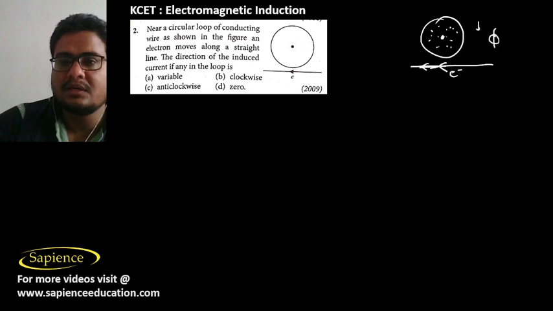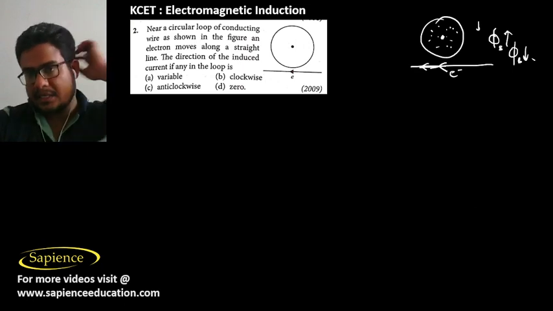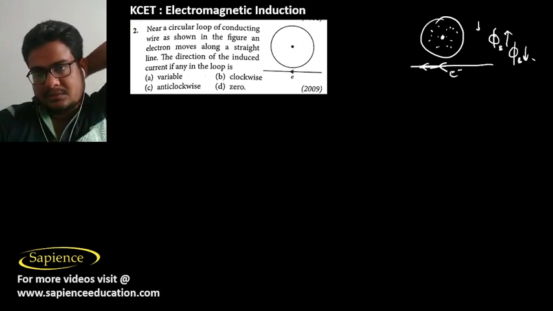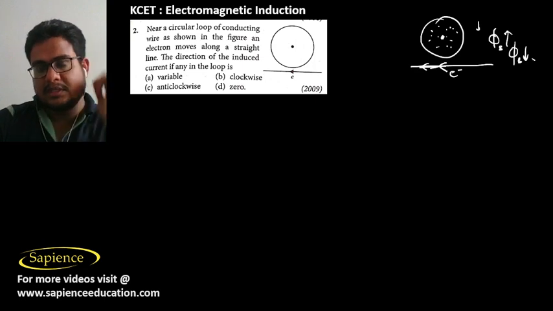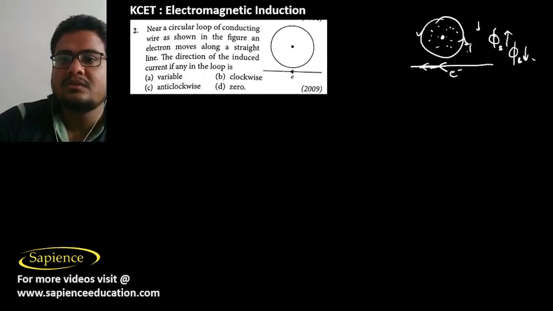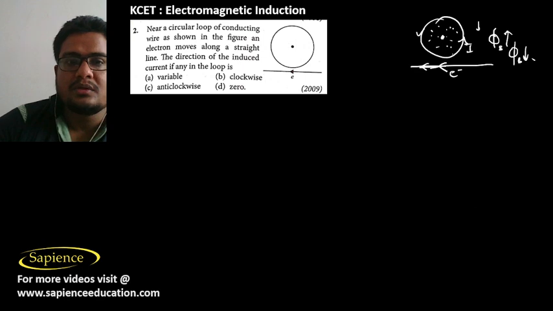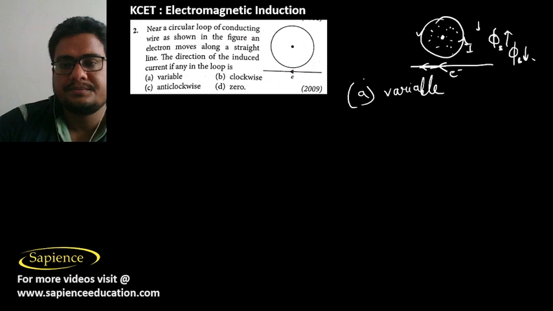So it means the flux will first increase and then decrease. So at first the induced current will flow anti-clockwise, then it will start to flow clockwise. So the direction of the induced EMF in this loop is not constant, it is variable. So option A is the correct answer.